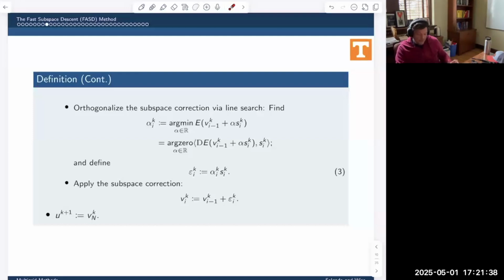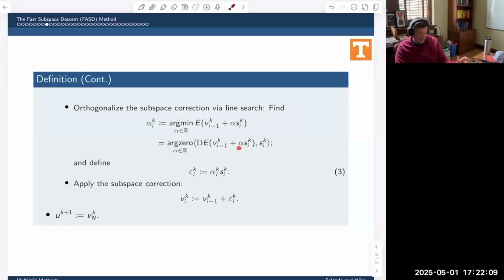But now we're only solving a truly one-dimensional problem, because this search direction is fixed and alpha is free. So we're looking for the arg min of this equation. This is just how you solve a minimization problem: you take the derivative and set it equal to 0. So we're looking for alpha which satisfies this equation along this search direction space.